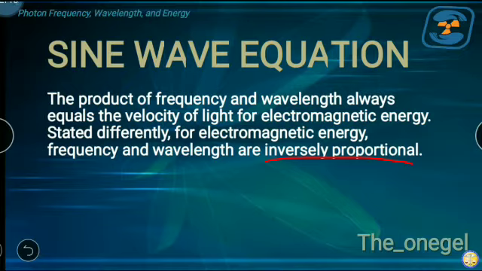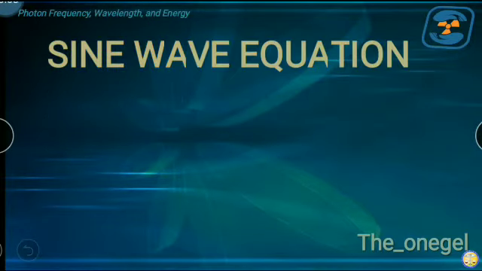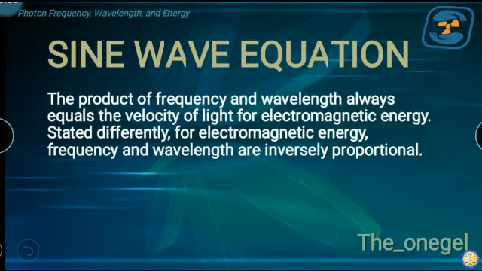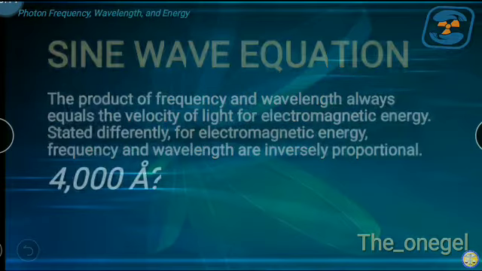So, using the constant of proportionality V, hindi na natin to hahanapin. We only have to find for frequency and lambda and gamitin nyo na lang yung triangle. So, the product of frequency and wavelength always equals the velocity of light.